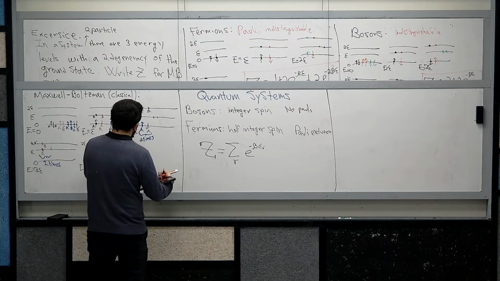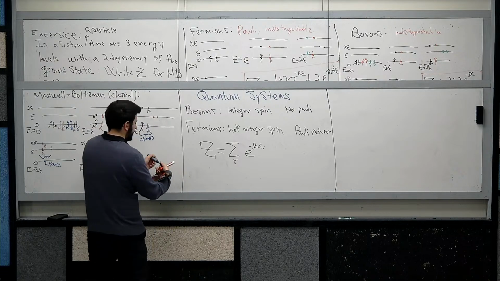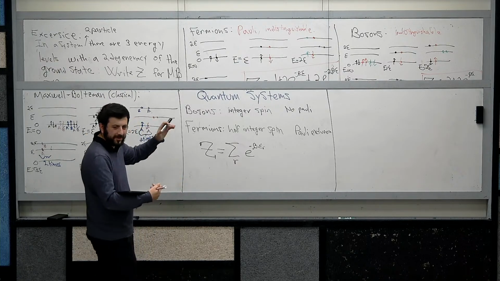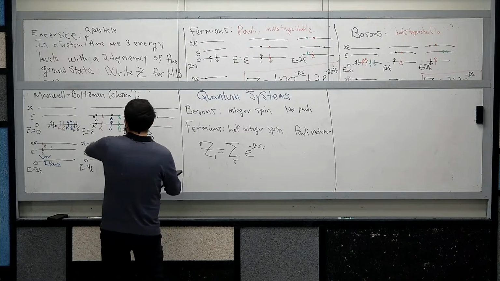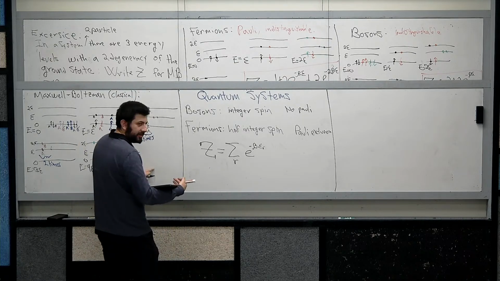So let me write, and actually statistical physics is very useful to computer science. So what would be the partition function? Can you help me?